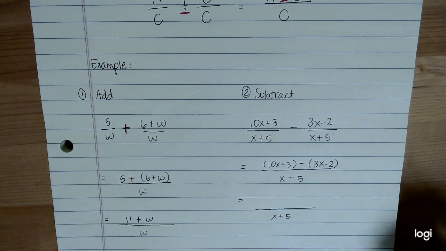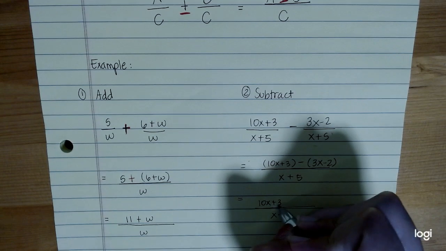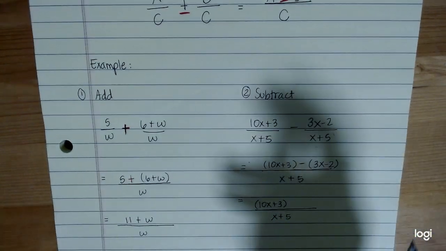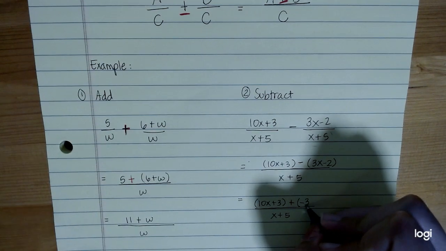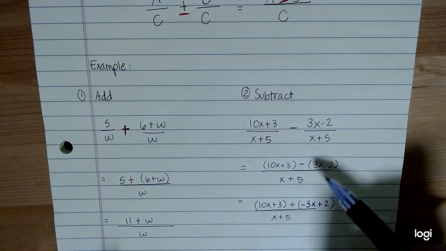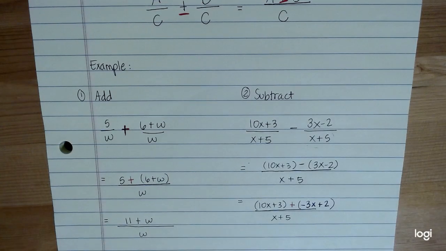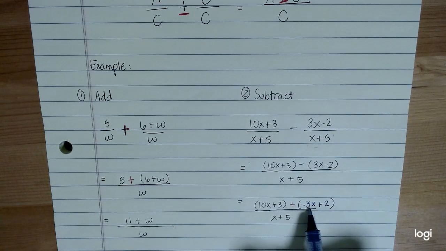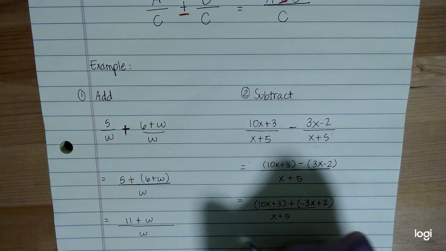Remember, when we were subtracting polynomials, one of the techniques I suggested was to change it into an addition problem. But in order to do that, you had to change the signs of that second polynomial. It was a positive 3x, now it's a negative 3x; it was a negative 2, now it's a positive 2. If you're going to change that sign to a plus, you've got to change the sign of every term that follows. And so now it's just an addition problem.